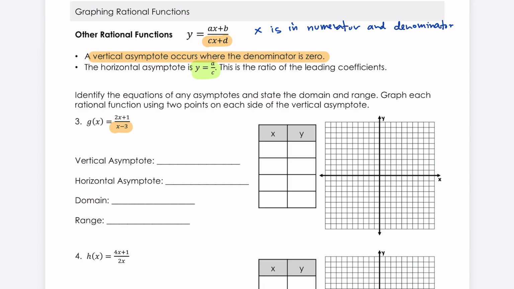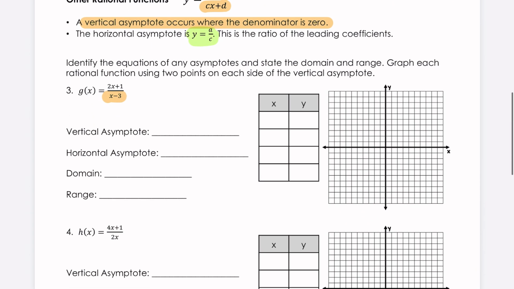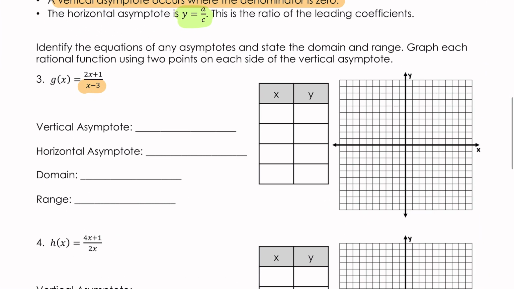Okay, so again, find our asymptotes, graph everything here in our first example. Number 3, 2x plus 1 over x minus 3. And I start out by finding the vertical asymptote, which is wherever the denominator equals 0. And so in this case, it's x equals 3.